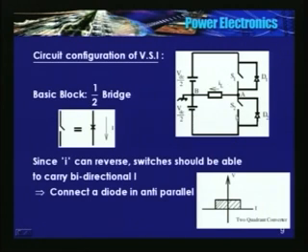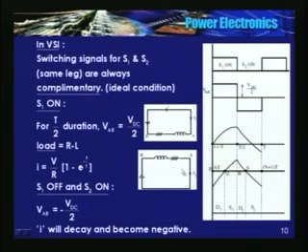In other words, point B is at a higher potential compared to point A. This is the equivalent circuit. But when I am opening S1 and closing S2, at that time current is finite. Now the current will decay and it will reverse.